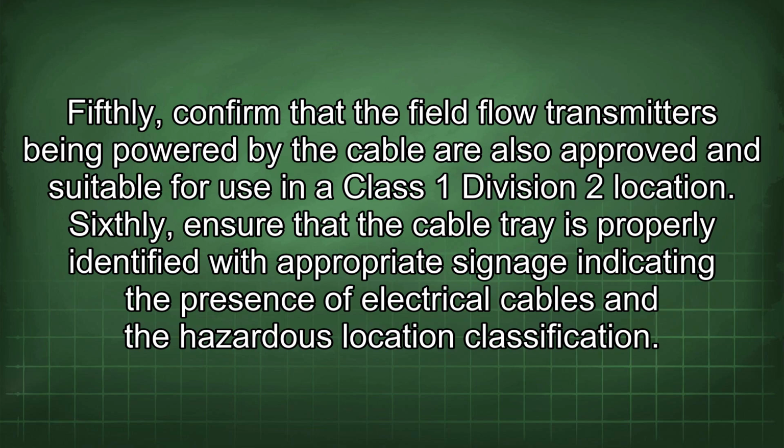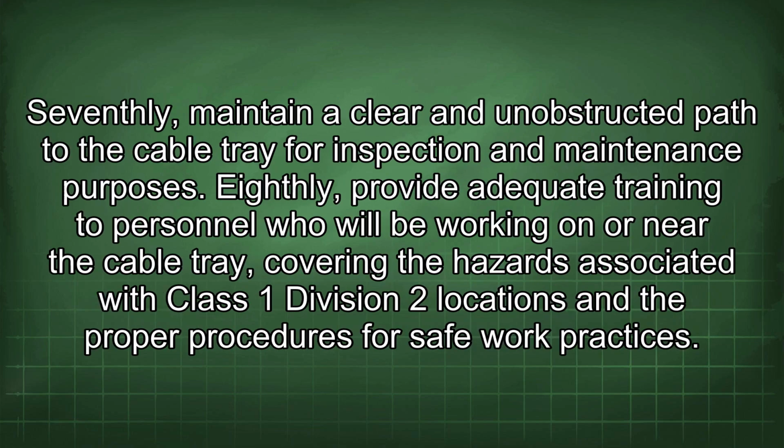Sixthly, ensure that the cable tray is properly identified with appropriate signage indicating the presence of electrical cables and the hazardous location classification. Seventhly, maintain a clear and unobstructed path to the cable tray for inspection and maintenance purposes. Eighthly, provide adequate training to personnel who will be working on or near the cable tray, covering the hazards associated with Class 1 Division 2 locations and the proper procedures for safe work practices.